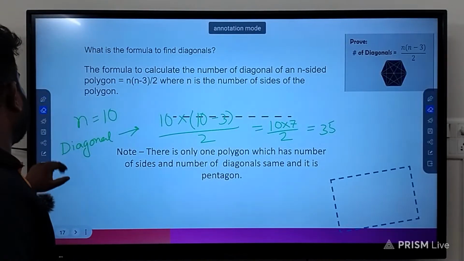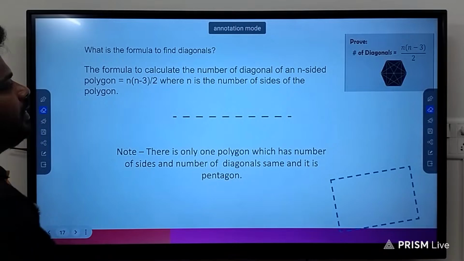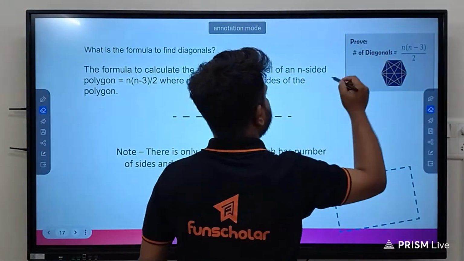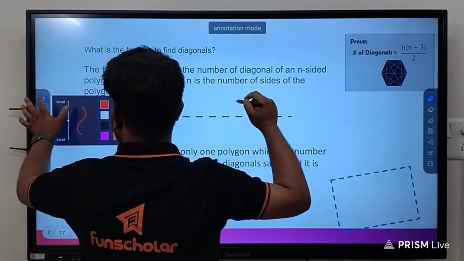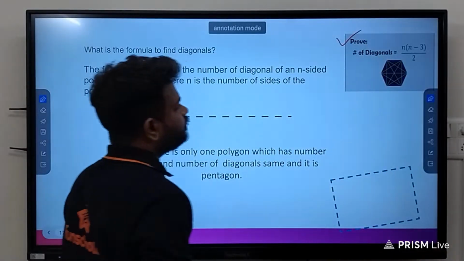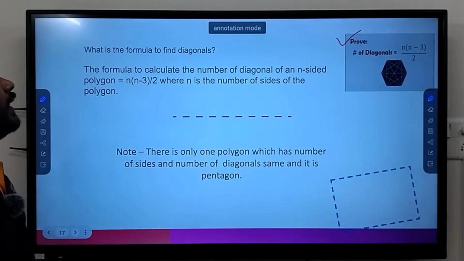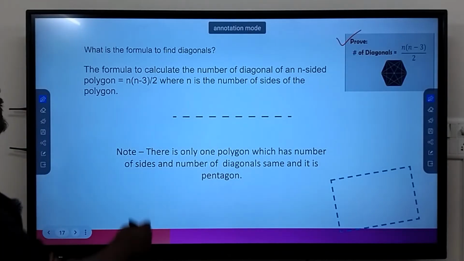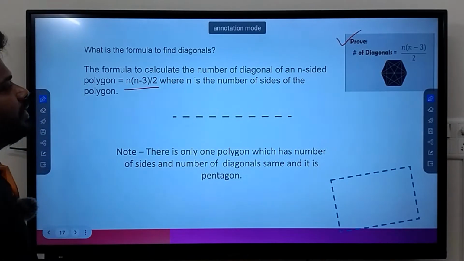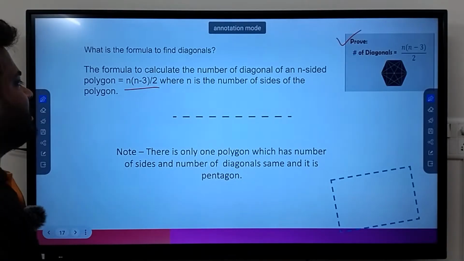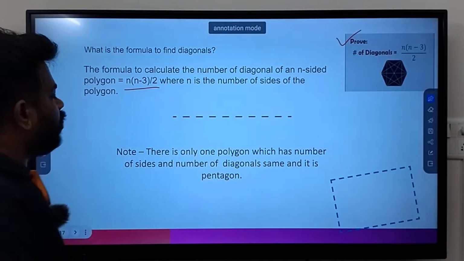The formula to calculate the number of diagonals of an n-sided polygon is n into n minus 3 by 2, where n is the number of sides of the polygon.